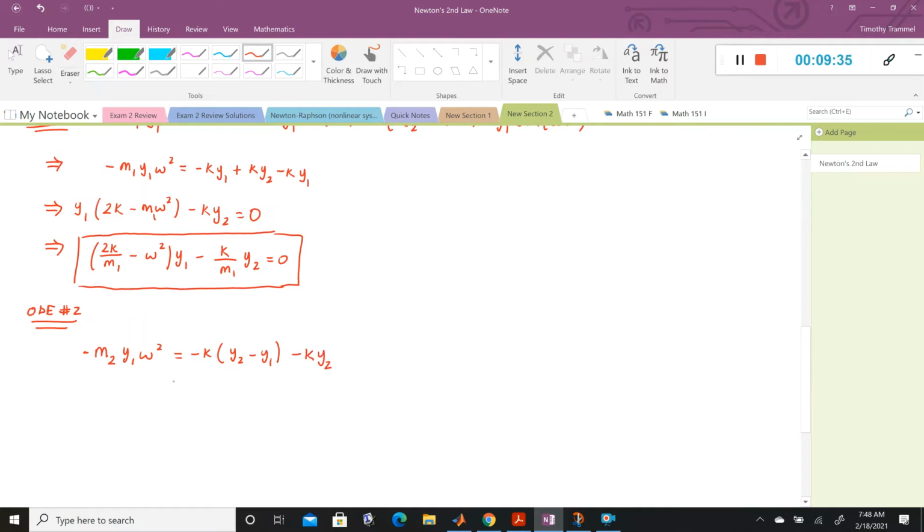All right, and we'll do the same thing. Let's move everything over. And actually, before we do that, I want to distribute the minus k. That way it's just a little bit easier to see. So we have minus k y2 plus k y1 and minus k y2. All right, and I do see one little typo here. This should have been y2.